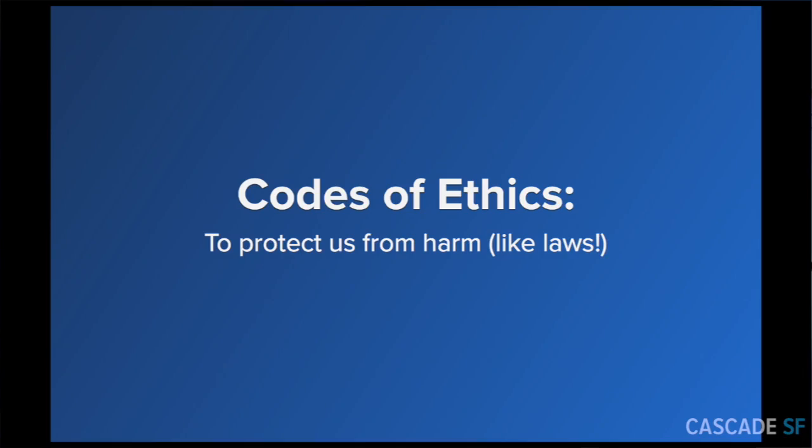Now, codes of ethics are essentially the codification of a set of ethics into something for a specific purpose. And the reason we do that is the very same reason we have laws in society. It is to protect us from harm. Laws, of course, help protect us against more universal dangers or threats.